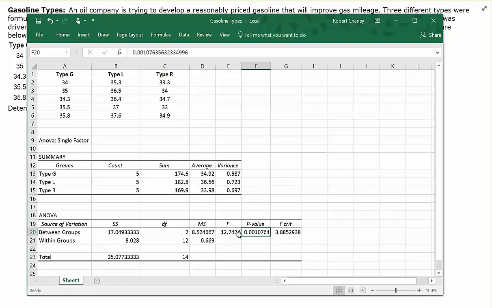By the way, we could also run this test by taking the F value, the test statistic from the F test, and here it's 12.74, and compare that to the F critical value. This is a number we would get in the F distribution table, or at least approximate, 3.885. Since 12.74 is greater than 3.885, I would, of course, again, reject the null hypothesis.